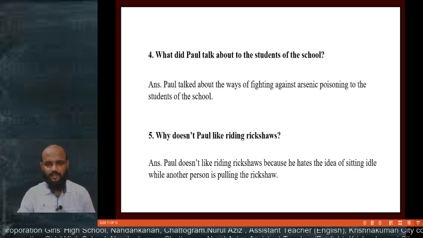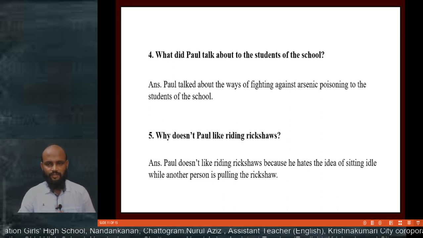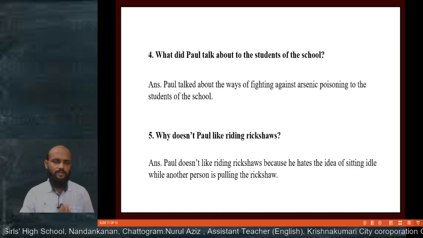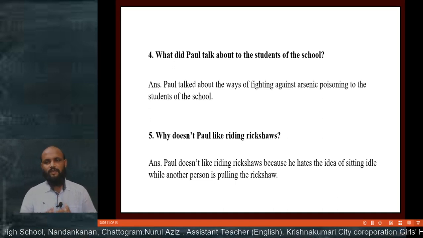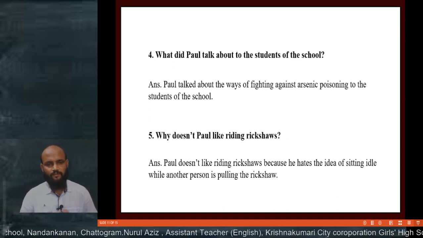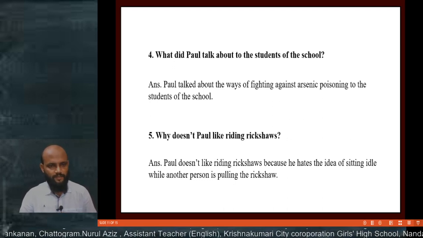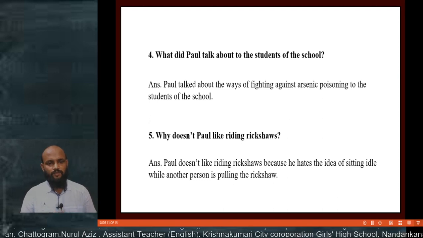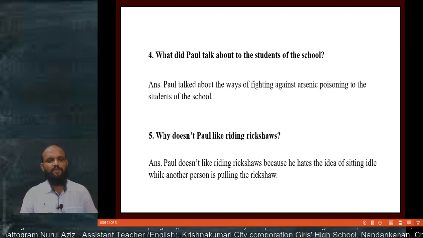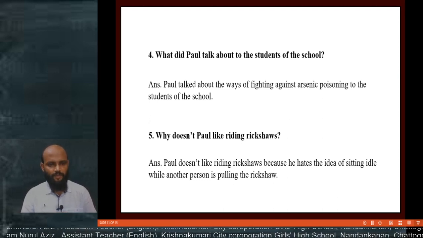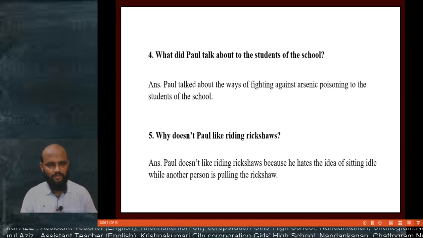That is why he doesn't like riding rickshaws. So these are the questions from this text, and you have to answer this kind of questions in exams, but it might be in a different way. It might be different questions.